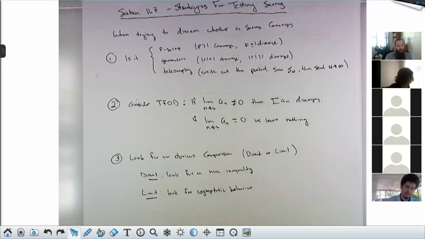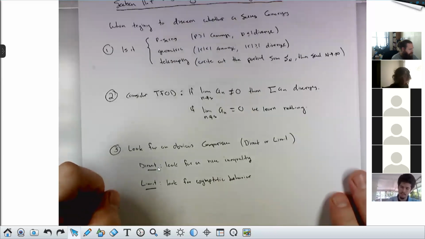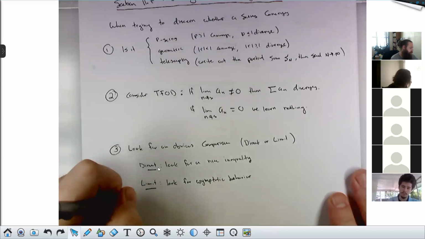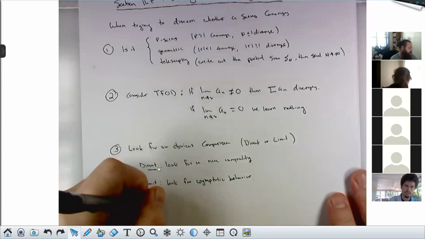If you run through all of these 3 things and you still don't have something that looks promising, like it's definitely not a p-series, geometric series, or telescoping series, the TFOD limit is either 0 or really hard to take, and you cannot spot a comparison, then it's time to consider either the integral test or the root and ratio tests. And I would say here, root and ratio stuff first.